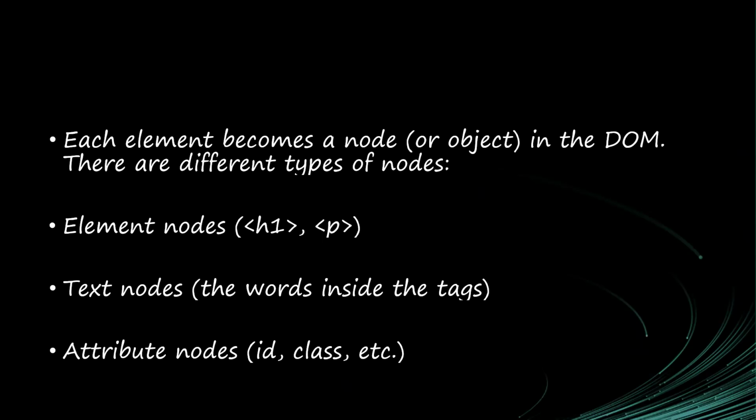But the thing is this, once the browser loads your HTML page, your web page, the browser will parse it, read it from top to bottom, and create the DOM for you. As it's creating the DOM, it will turn every element, every attribute, every text into a node. When you're manipulating or working with the DOM, you'll be working directly with the nodes.